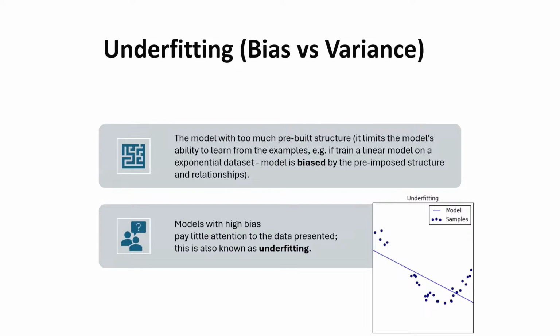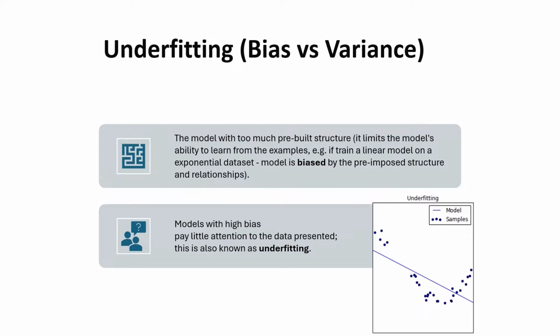If it does not fit, then we can expect a very high bias. A model with high bias pays little attention to the data set presented. This is also known as underfitting. A model with high bias, this is underfitting.